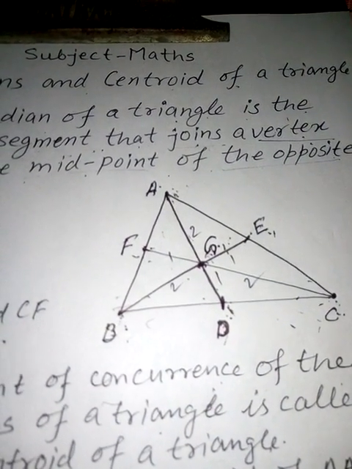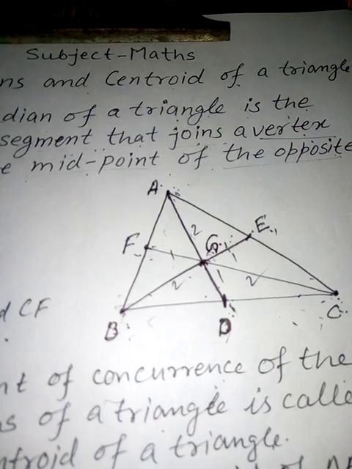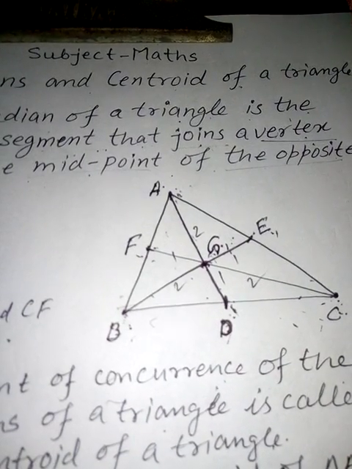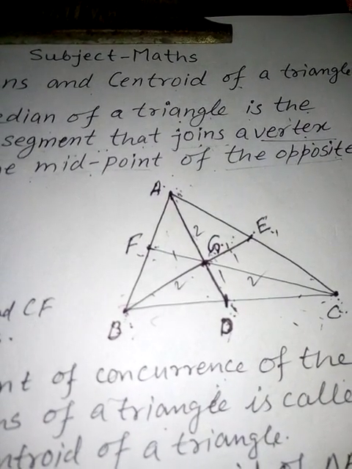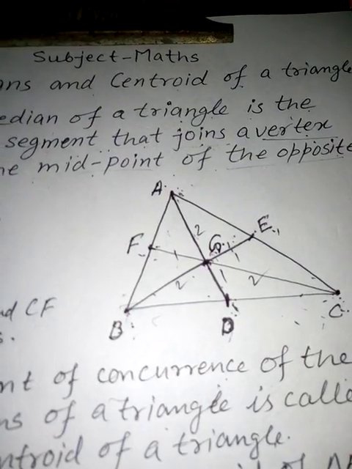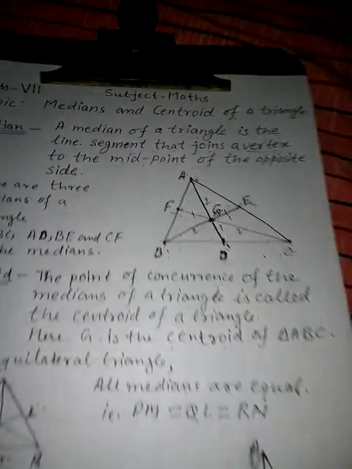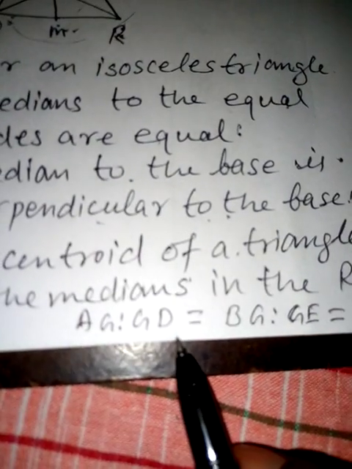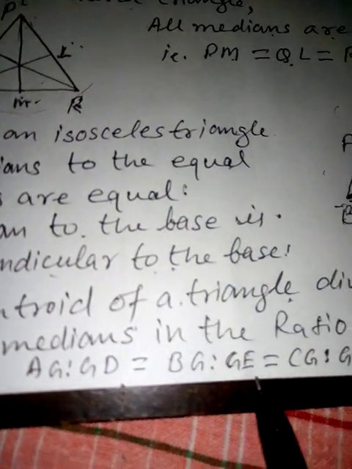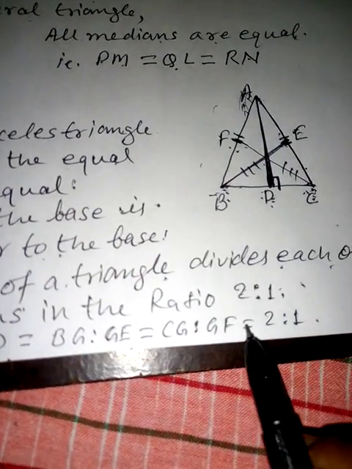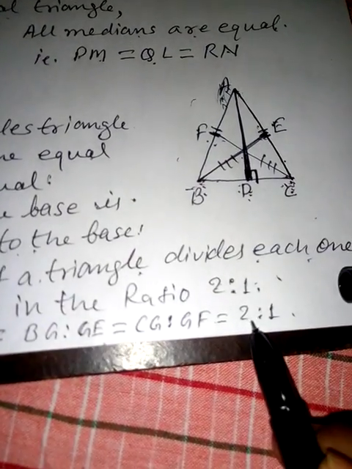It means all medians intersect at a point which divides the medians in a 2:1 ratio. So here AG to GD, BG to GE, and CG to GF are all equal to 2:1.